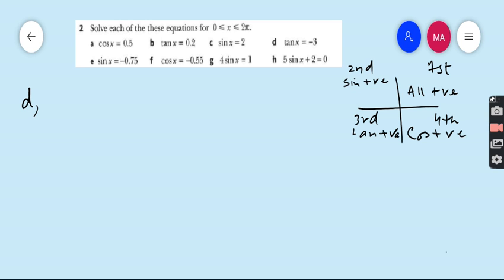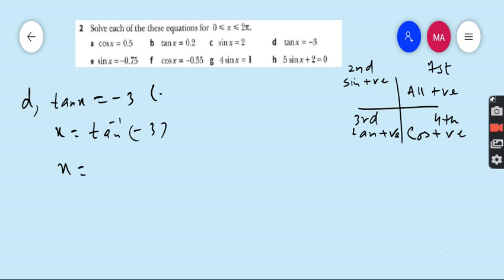Part D is tan x is equal to minus 3. This is very easy. Then x is equal to tan inverse minus 3.